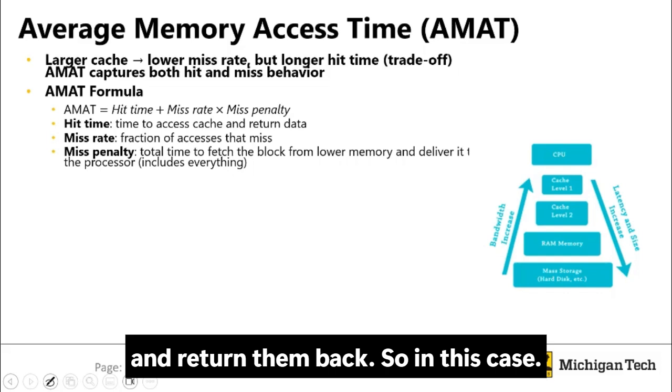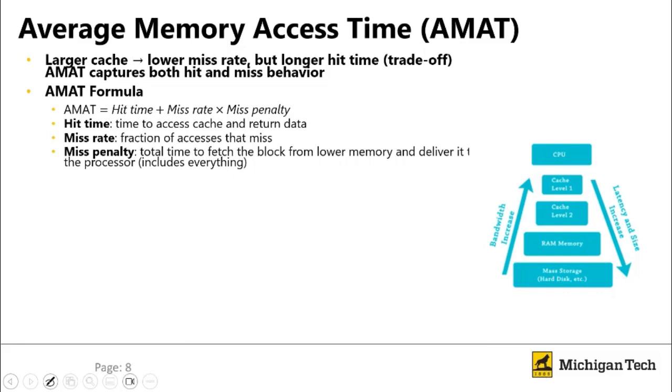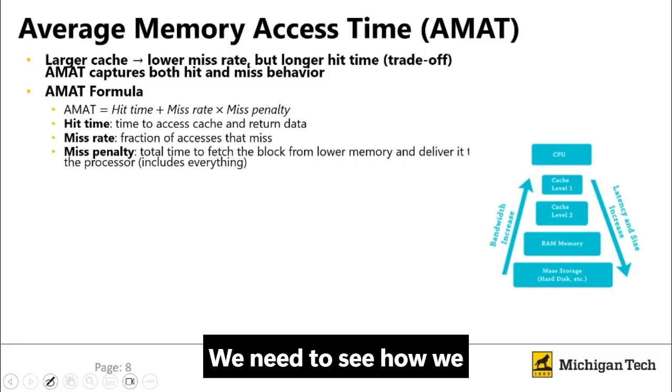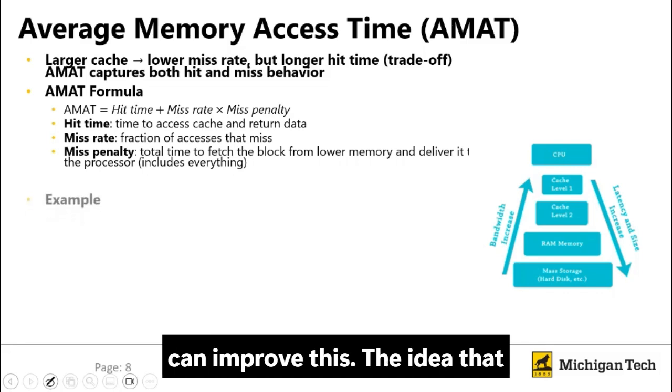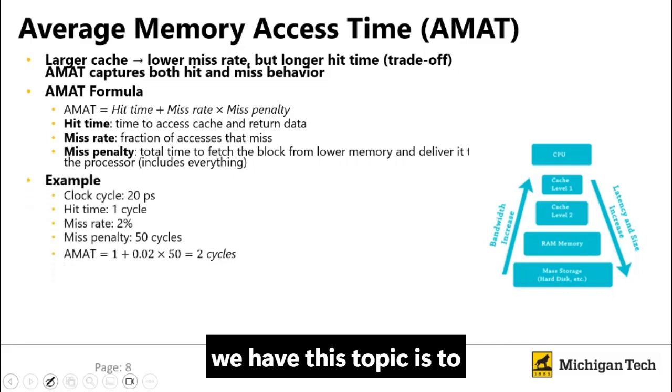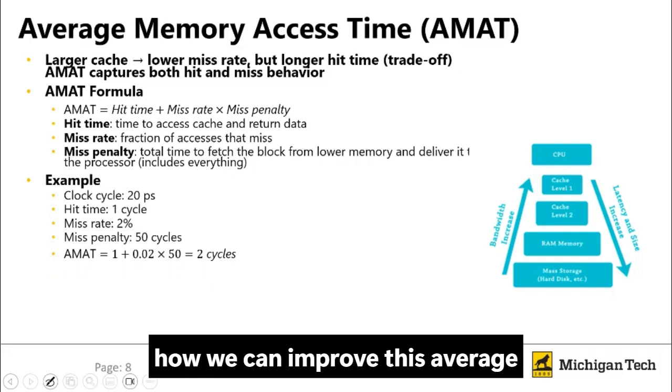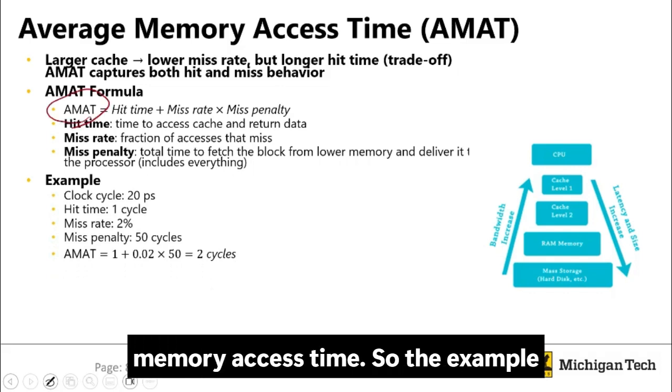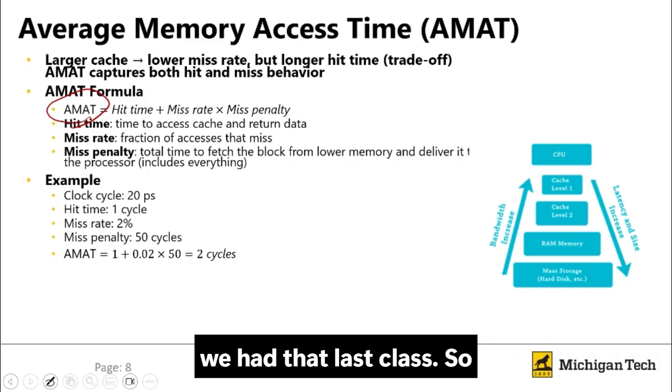So in this case, we need to see how we can improve this. The idea of this topic is how we can improve this average memory access time, like the example we had last class.